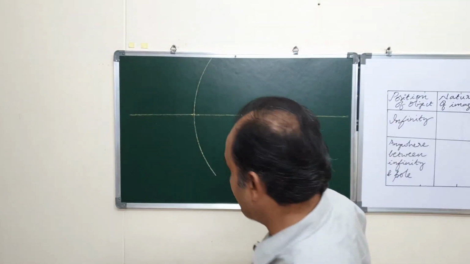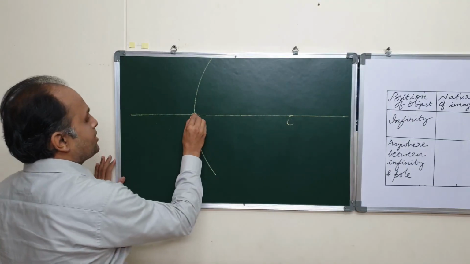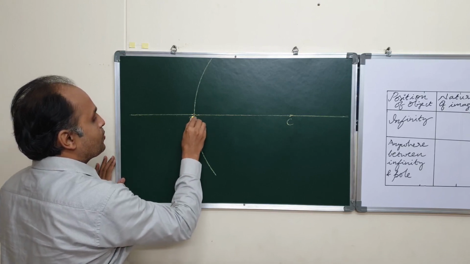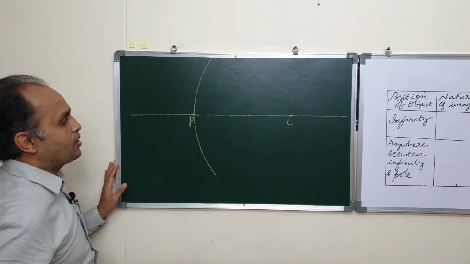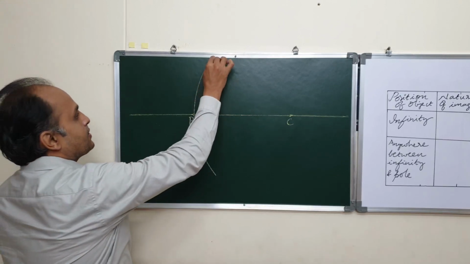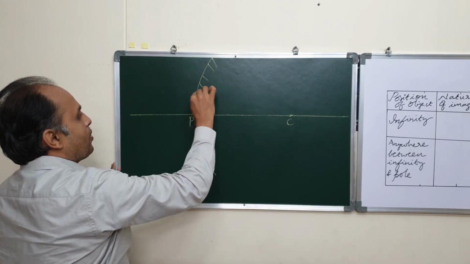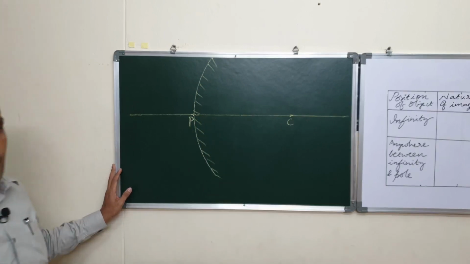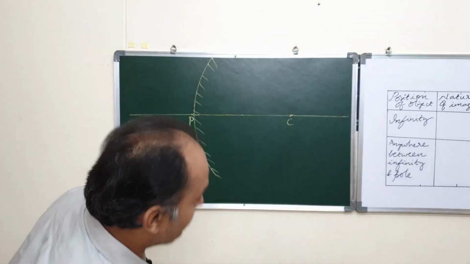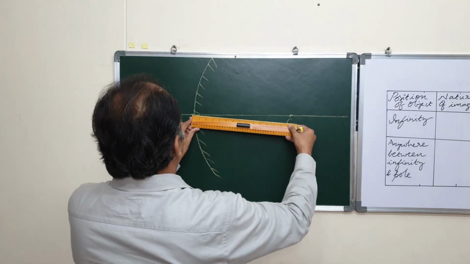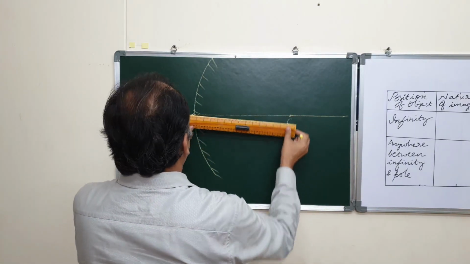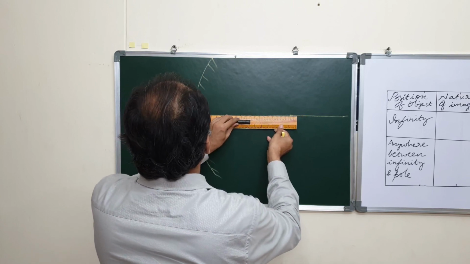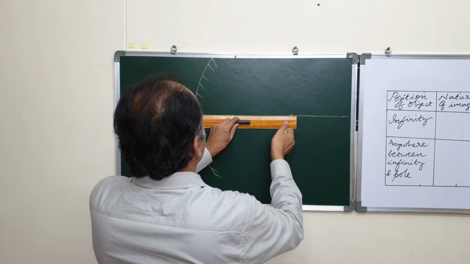And this point where the principal axis meets the mirror is what we call as pole, which is denoted by P. Since this is a convex mirror, the polished side will be towards the hollow side. Okay, now the midpoint of CP, or the distance between center of curvature and pole, will be the focus.